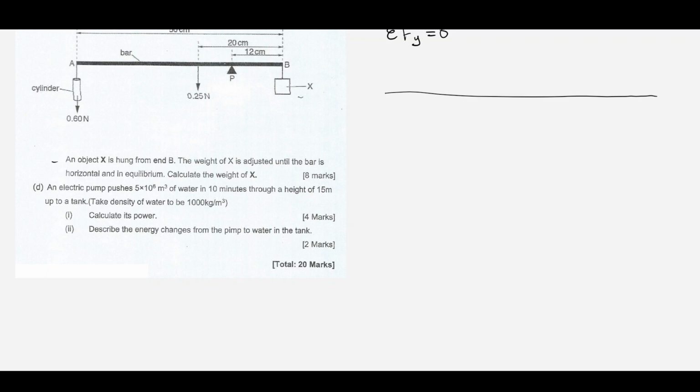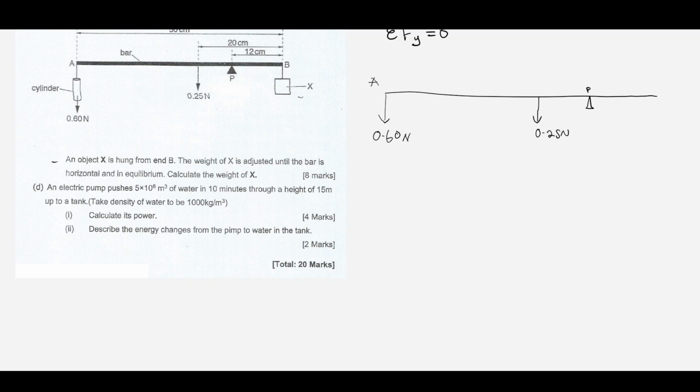Let's label this one point A. So we have a force at that point, which is 0.60 newtons, and we have another force somewhere here, which is 0.25 newtons. Then we have point P there.